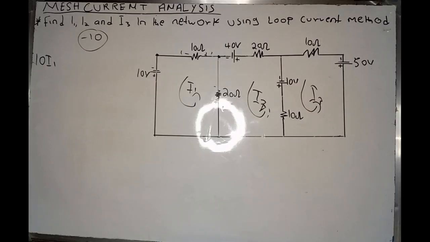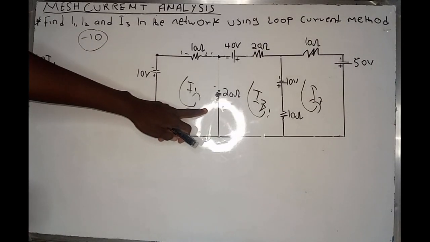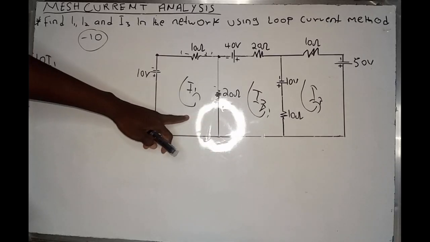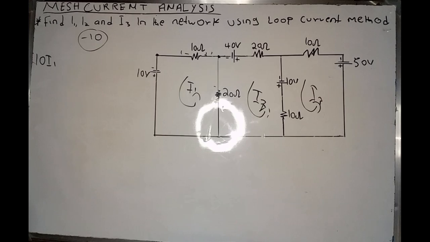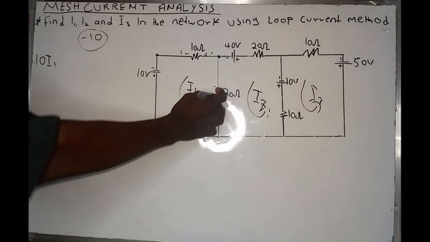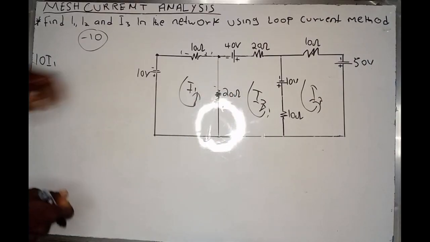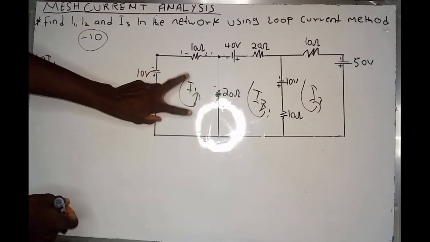So how can we write the resistance? This 20 ohm applies in the first loop and the second loop, which means I1 and I2. So I will say I1 minus I2, because I'm calculating my current in the first loop.